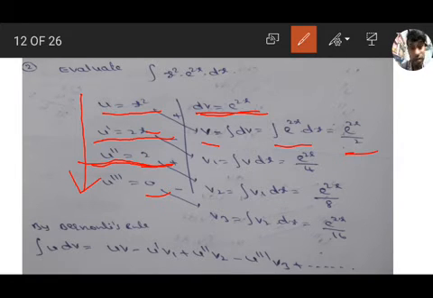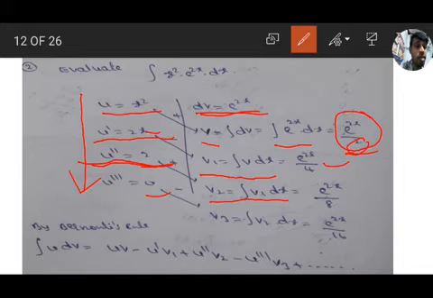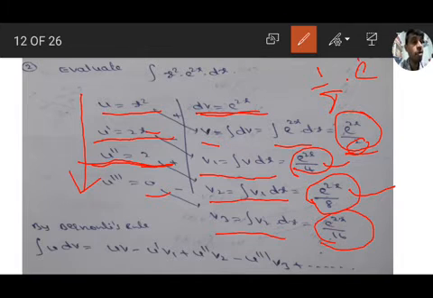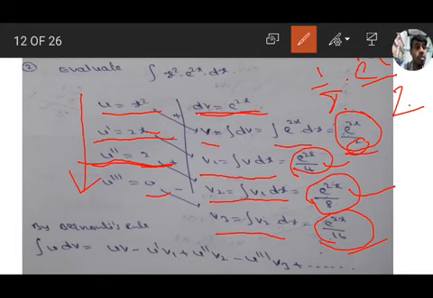Next, v1 is the integration of v dx, that is e to the power of 2x by 4, because 2 is outside, and 2 into 2 is 4. Then v2 is the integration of v1 dx, that is e to the power of 2x by 8, and v3 is the integration of v2 dx, that is e to the power of 2x by 16, because 8 into 2 is 16.